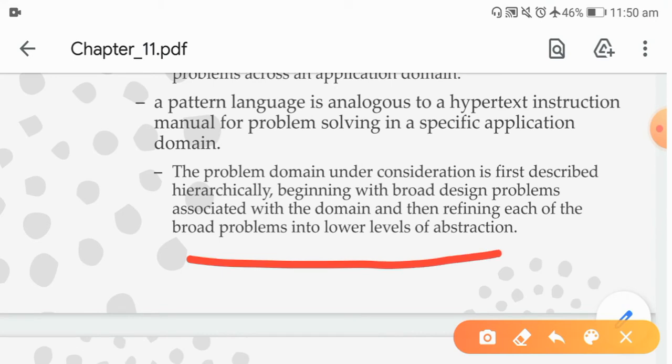under consideration is first described hierarchically, beginning with broad design problems associated with the domain, and then refining each of the broad problems into lower levels of abstraction. That is, if the customer only wants to check the account balance, they can check it first of all, and if after a withdrawal the customer again wants to check their balance, they can check it.